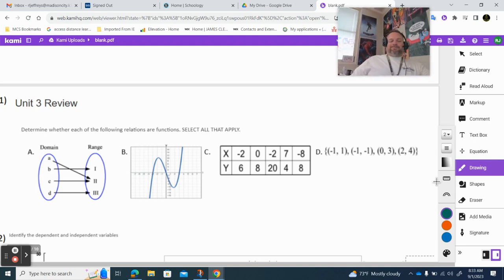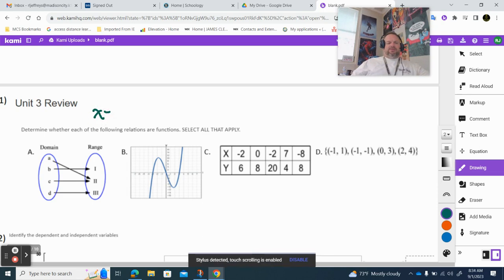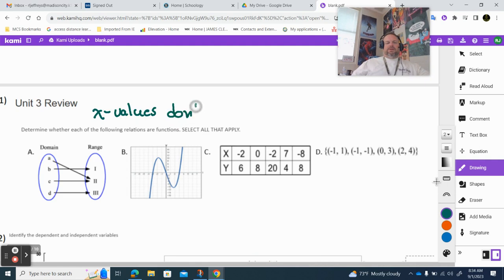Okay, so this says determine whether any of the following relations are functions, select all that apply. Remember we have 2 ways. The X values don't repeat. Let's look at these.